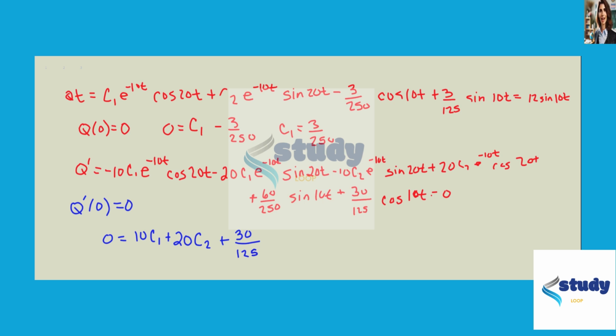Therefore, when I plug in 3 over 250 for my C1, I get negative 6 over 25 equals negative 30 over 250 plus 20 C2. Therefore, C2 equals negative 3 over 500.